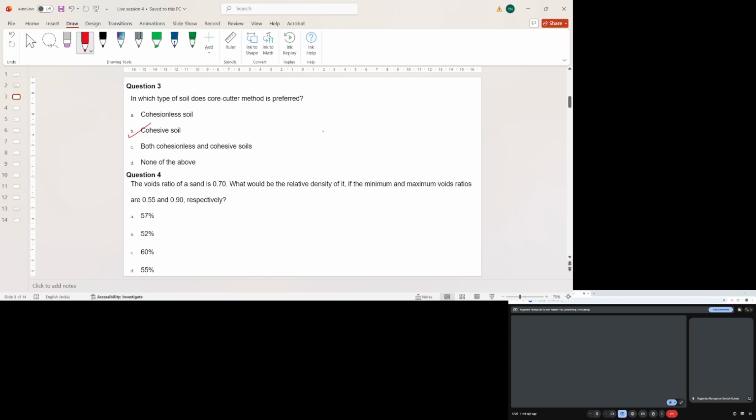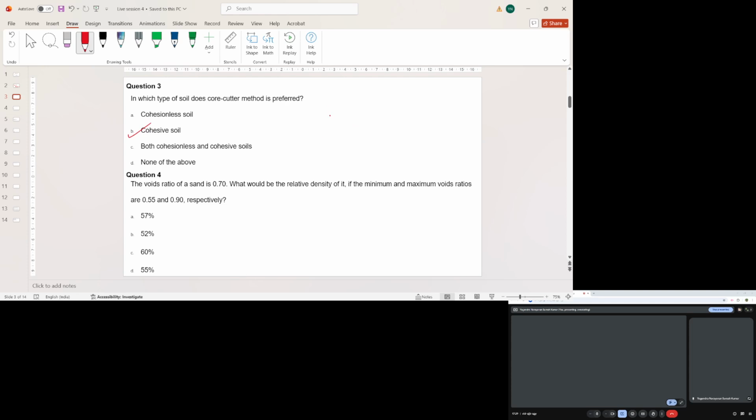And there is a method of sand replacement where you take out the amount of soil, and you fill the amount of soil taken with an amount of sand. You know the mass of sand that is being used, and you know the specific gravity, so that you will know the volume of sand that you are going to use to cover the pit that you have created.